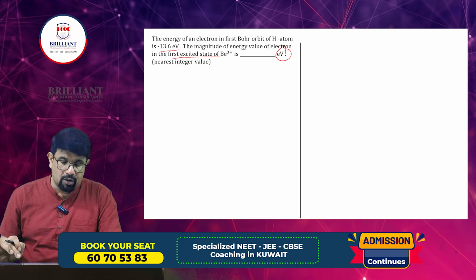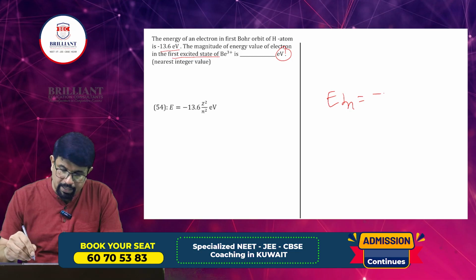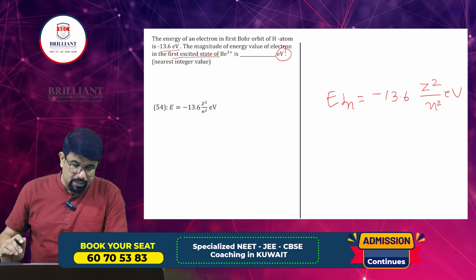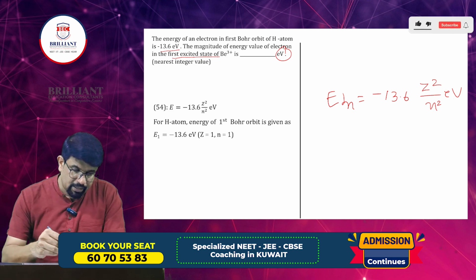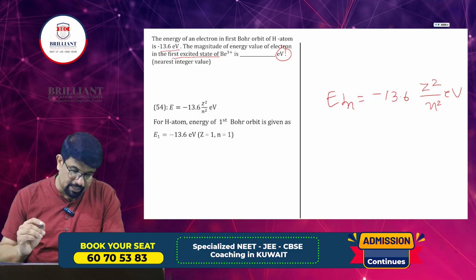We already know according to the Bohr equation how we can calculate the energy: En is equal to minus 13.6 Z square divided by n square electron volt, right? What are Z and n here? We already know that this is the energy of an electron in the first Bohr orbit of the hydrogen atom, that is given, right?